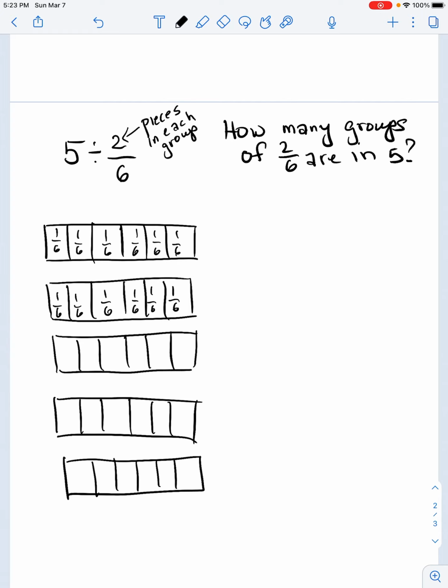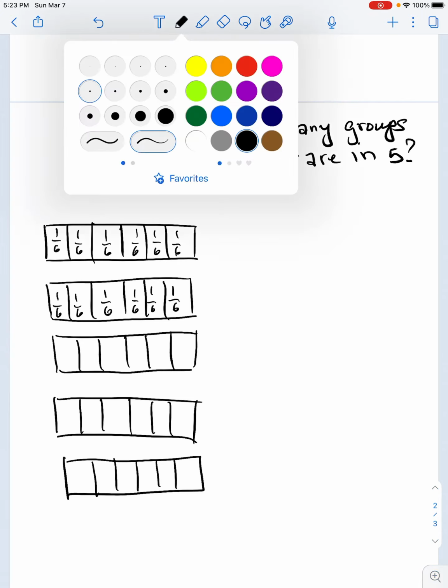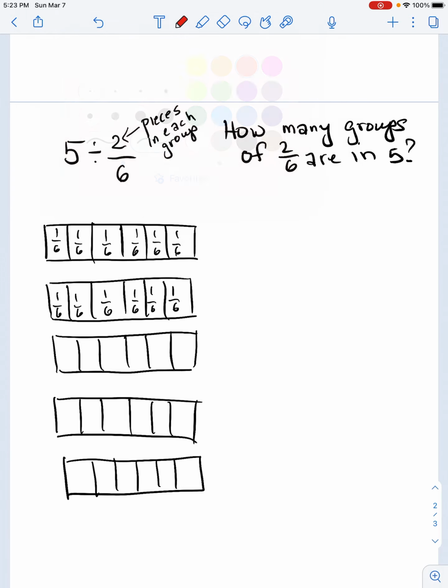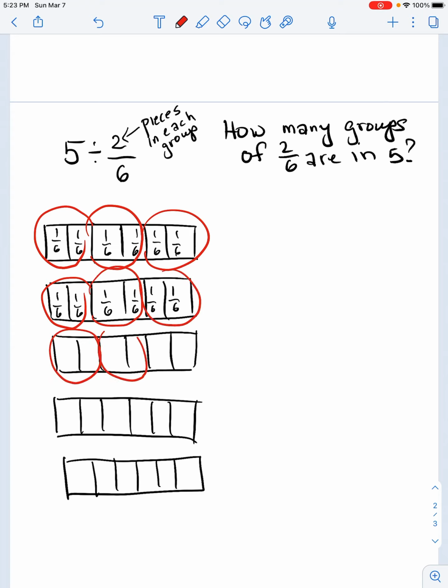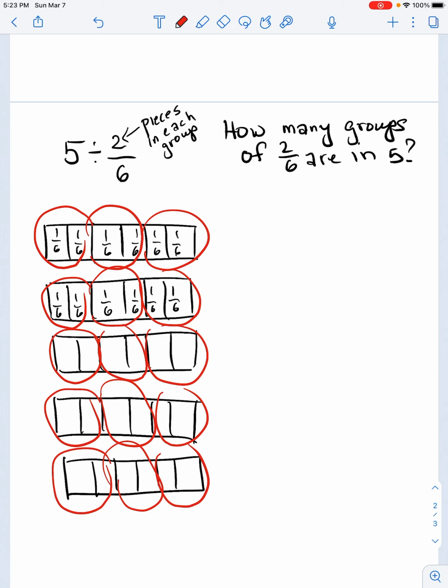Okay, and so I'm going to do the same thing. I'm going to divide into groups of 2 pieces, and follow that through all the way until I get all my groups. I could count them individually, but I can see that each one of these rectangles has 3 groups.